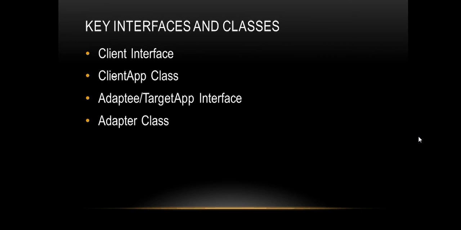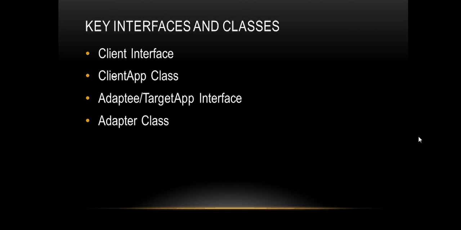Let's see a few of the key interfaces and classes of this. So we'll have a client interface and a client application class. My client application class only knows about the client interface. I have a target application or adaptee interface which my client application cannot call directly because of some compatibility issues.